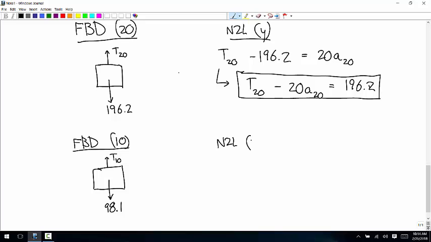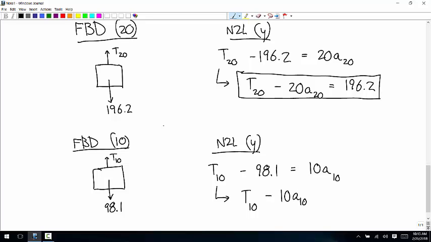And then the y component of Newton's second law says T10 minus 98.1 is equal to the mass of 10 times the acceleration of the 10, A10. I'll reformat that as T10 minus 10 A10 is equal to 98.1.